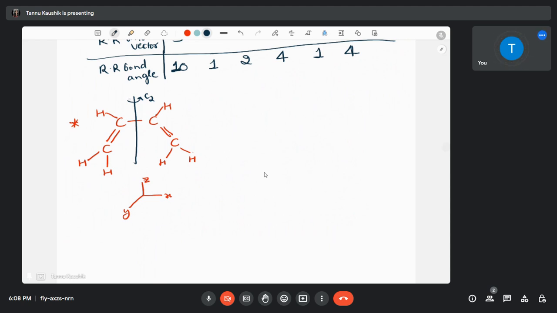Then we have a sigma v plane also along the C2 axis, and one is the molecular plane. So this is the C2v point group.